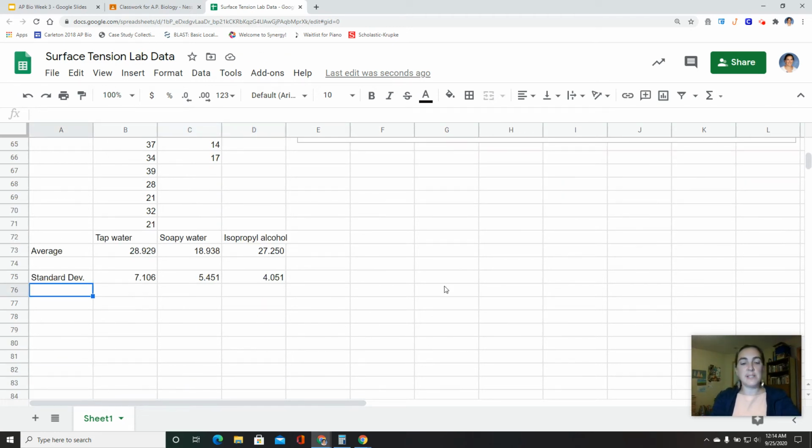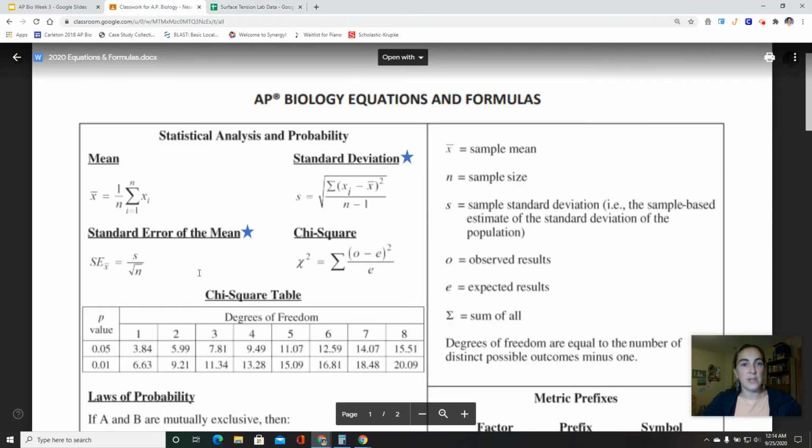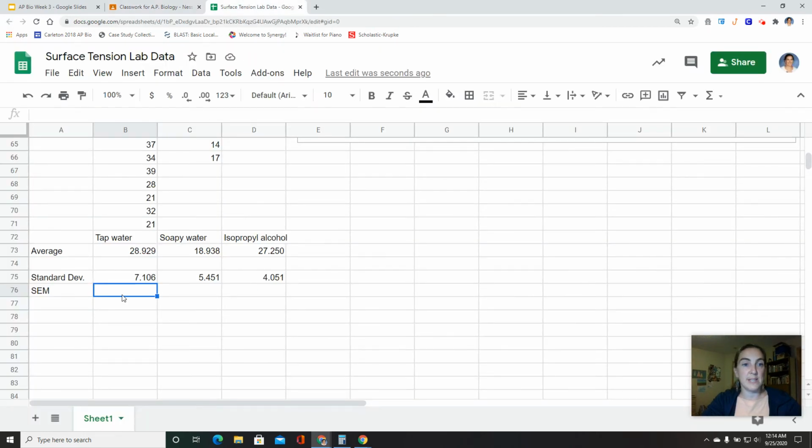And so to calculate standard error, so standard error of the mean, SEM, that's what that stands for. The equation, as you saw here, was the standard deviation, S, divided by the square root of N. That's the sample size. So our sample size for this first one is 70. You can see there's 71 rows of data for tap water, but the top one is just the label.